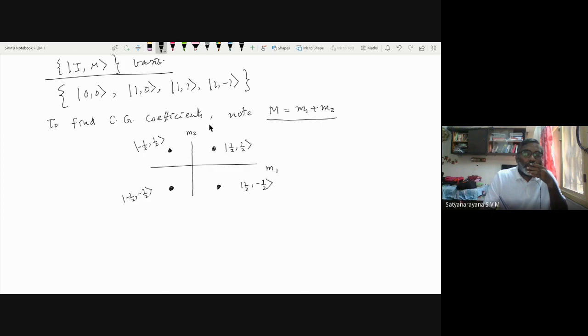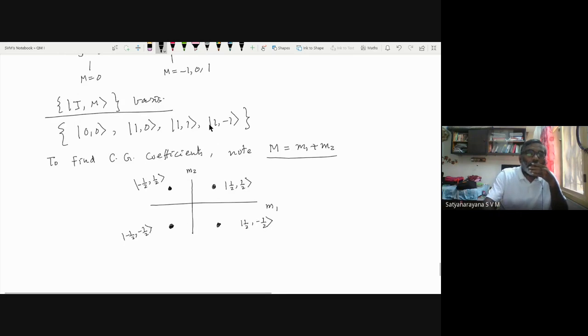Now, you know the values of capital M. Capital M values are minus 1, 0, plus 1. This is also M equal to 0. So if m1 plus m2 has to be satisfied as capital M, now I will draw lines corresponding to capital M values.